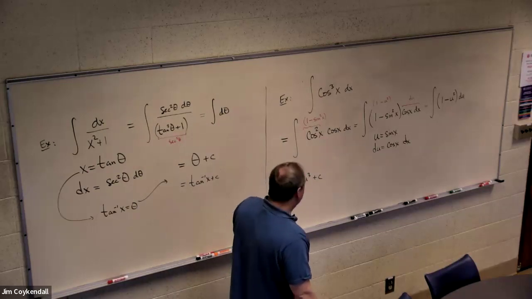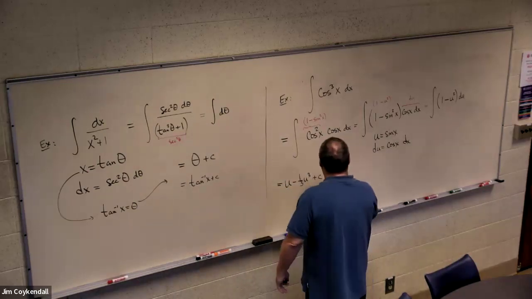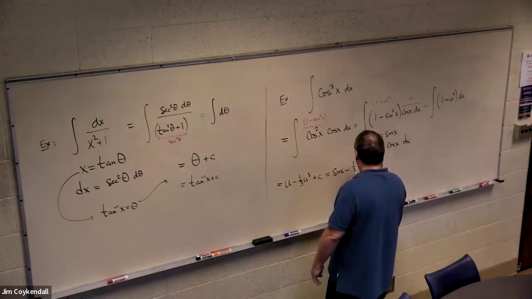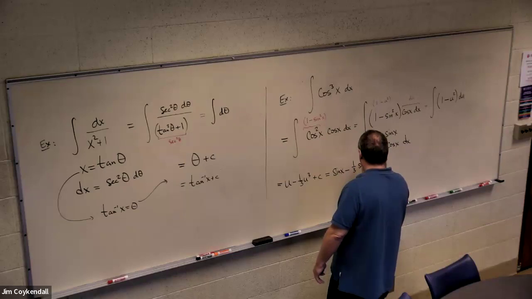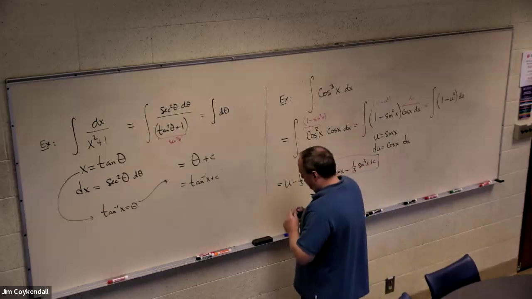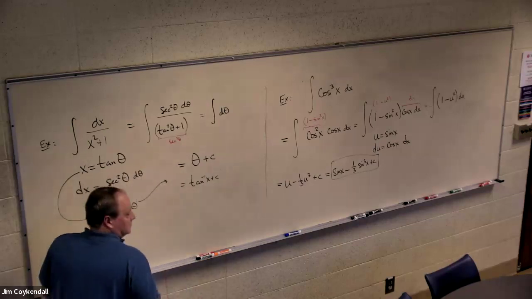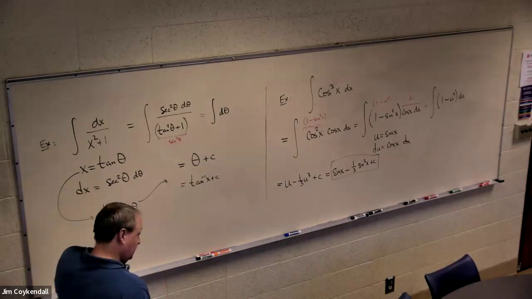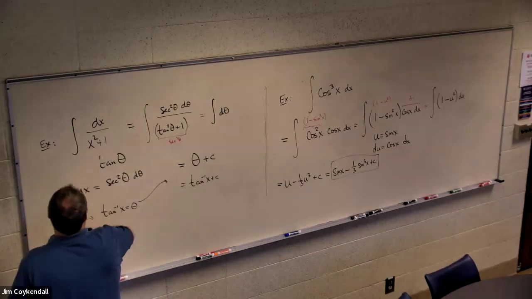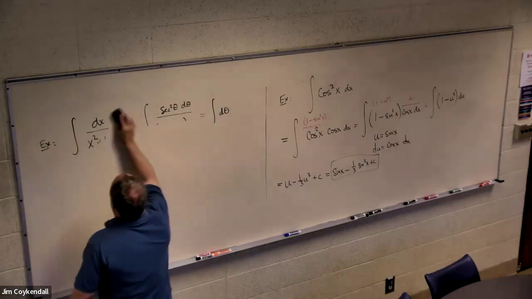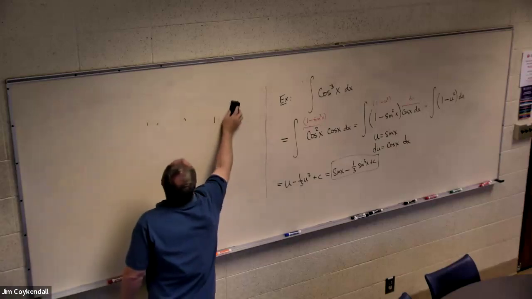And what is u? It's sine x. So sine x minus 1/3 sine cubed x plus C. Any questions?